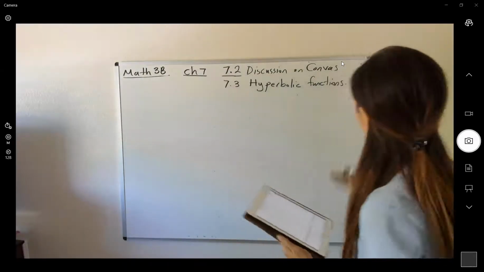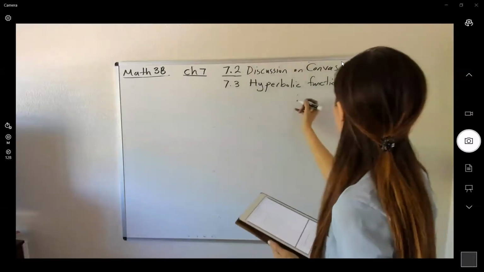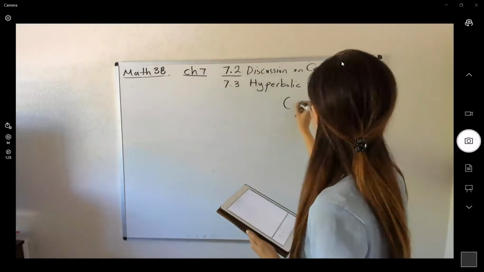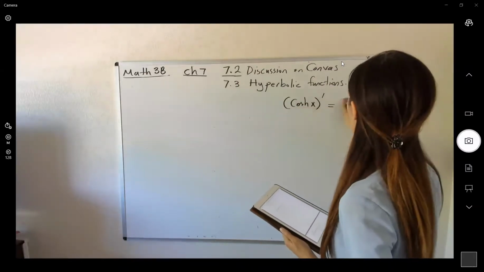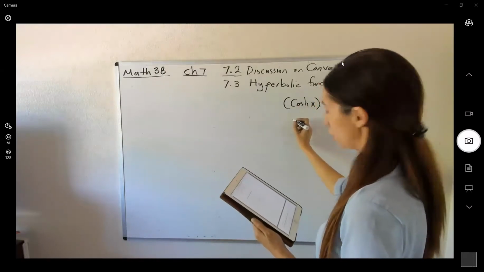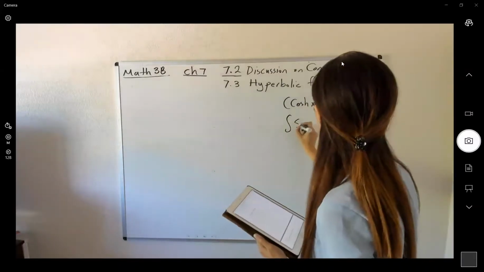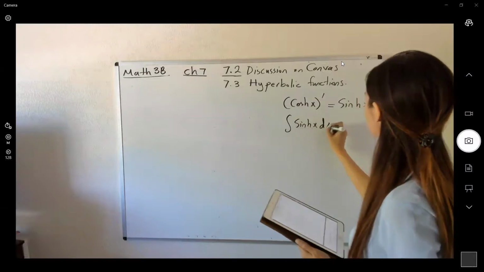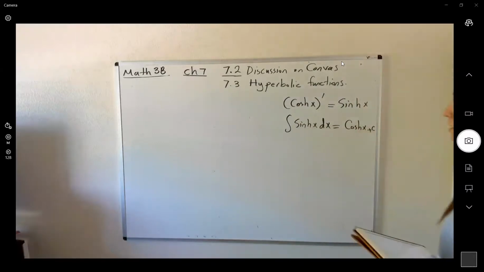So let's define the derivative and the integral of these functions. The derivative of hyperbolic cosine is equal to hyperbolic sine. Let's write the integral as well. The integral of hyperbolic sine with respect to x is equal to hyperbolic cosine. Don't forget the constant of integration.